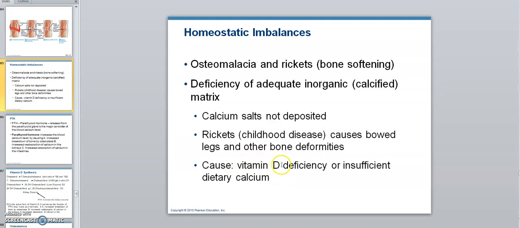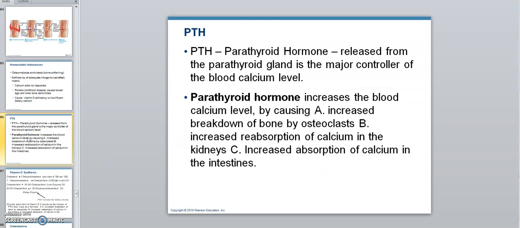Let's talk on vitamin D here. So let's digress for a moment. Earlier we talked on parathyroid hormone. We said parathyroid hormone is released from the parathyroid gland, and it increases the blood calcium level. Now, vitamin D makes calcium available. So here's what I'm going to show you.